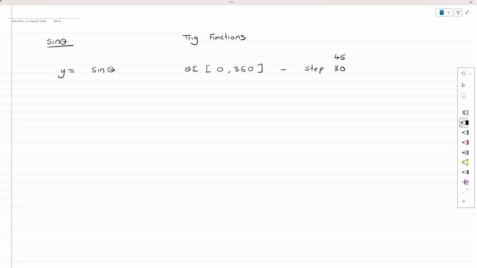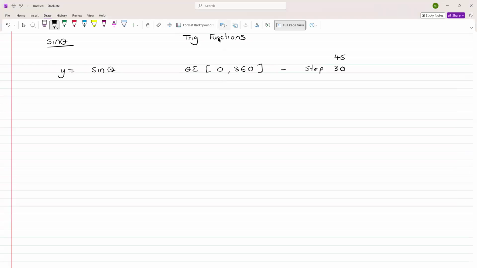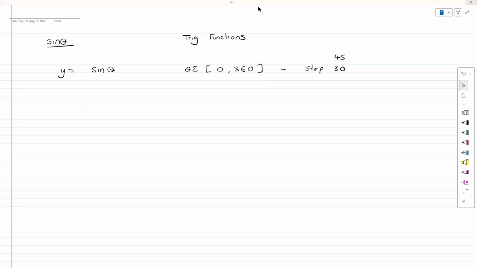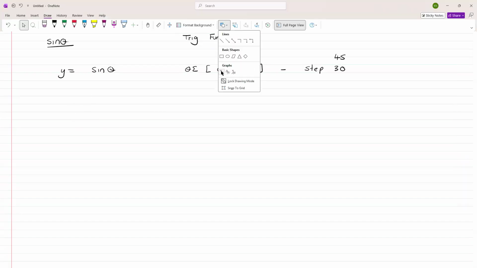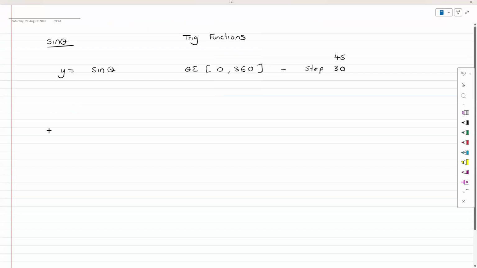I prefer 30 because the graph's more accurate. But if your teachers give you something stepping in 45s, then we go with it. Now there are rules to it, and we need to figure out how to deal with each part, right?